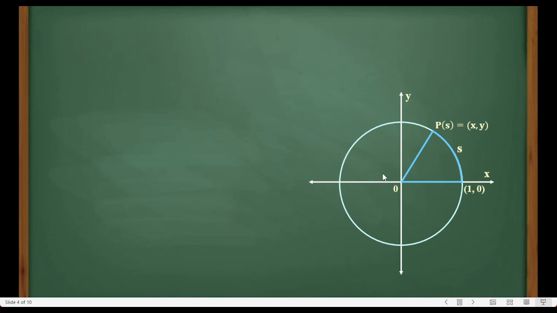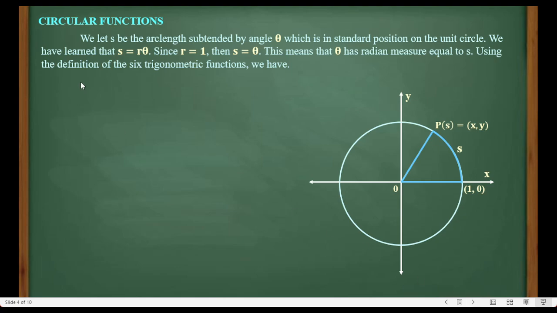Now, going back to this figure, we let S be the length of an arc subtended by the central angle theta, which is in standard position on the unit circle. So we have learned that arc length is equal to the product of the radius and the measure of the central angle, usually expressed in radians.